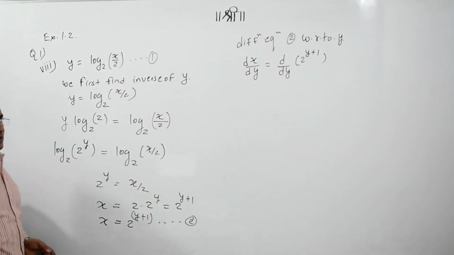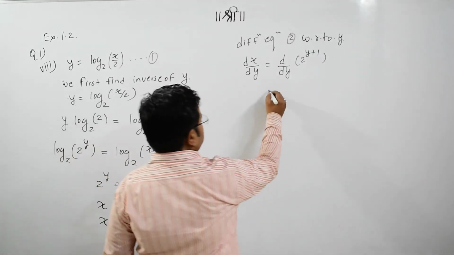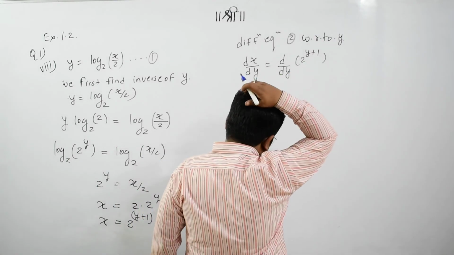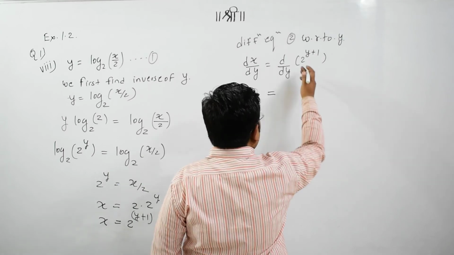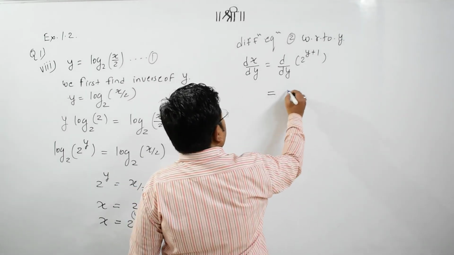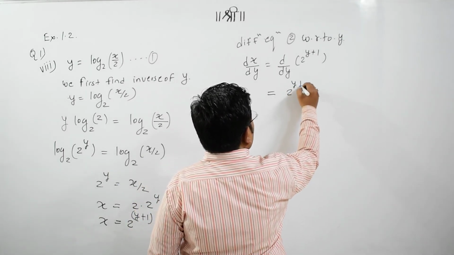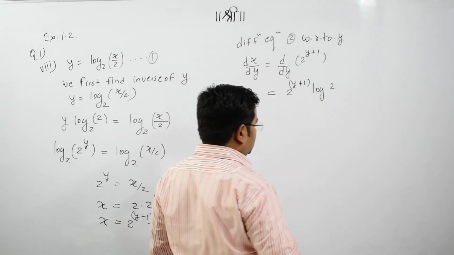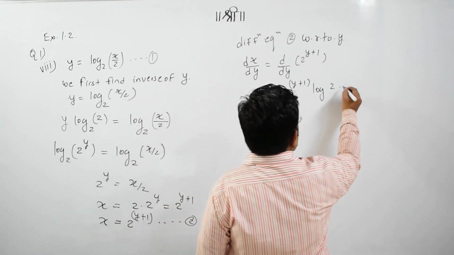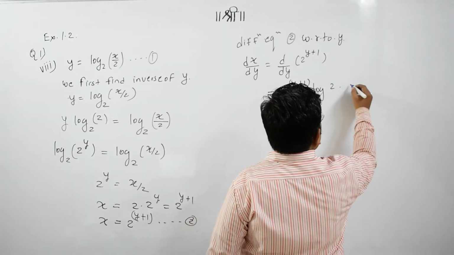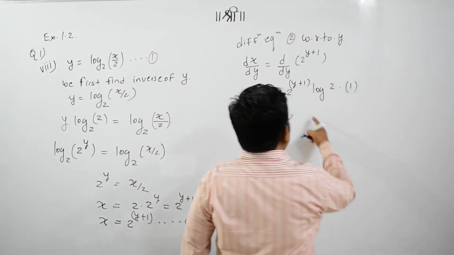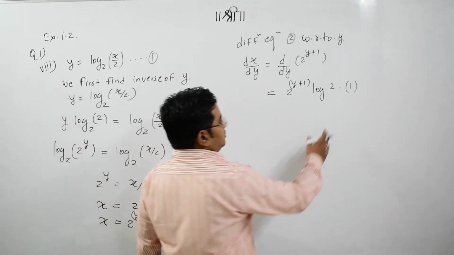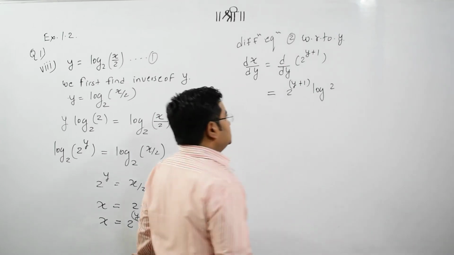No problem, this is quite easy. Differentiating using which rule? Chain rule. So you will get 2 raised to y plus 1 as it is into log of 2. Now next step, into what is the derivative of this? This is nothing but 1. So f of x is nothing but y plus 1 and this derivative will be 1. So this equation remains as it is.